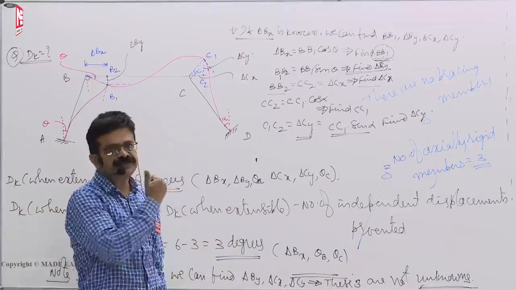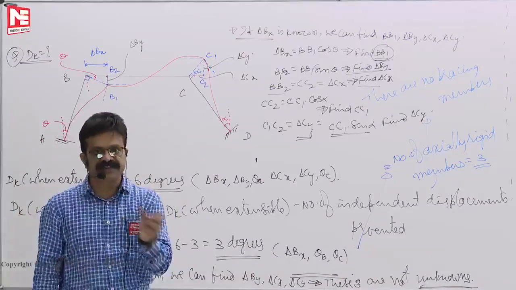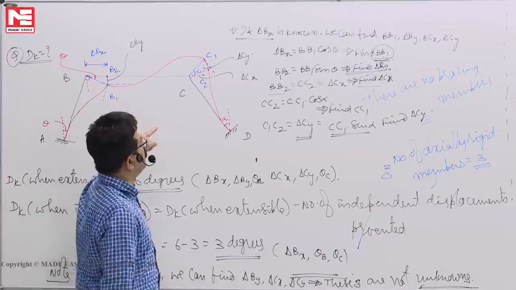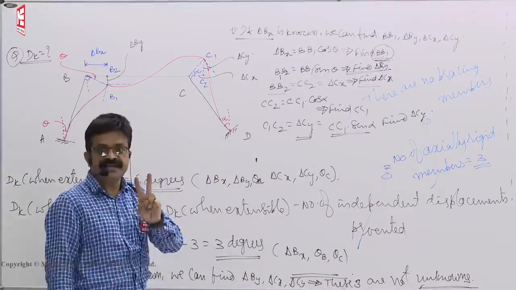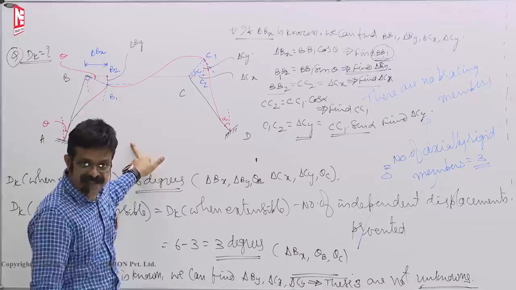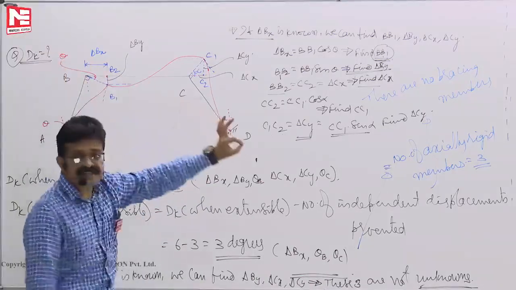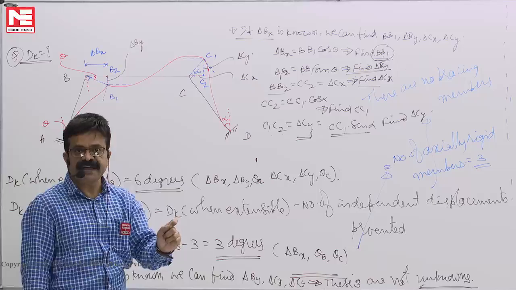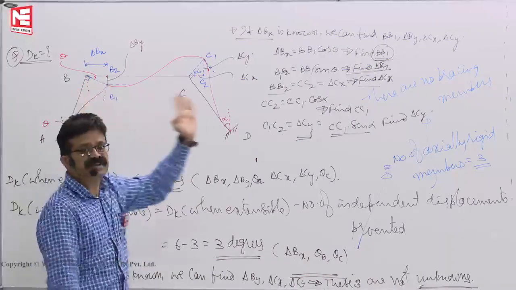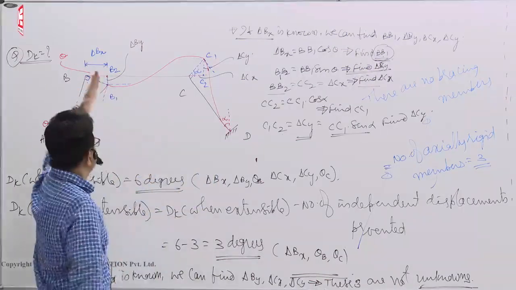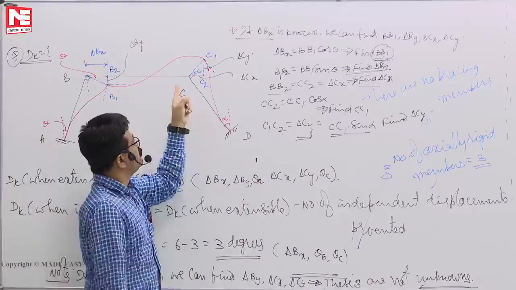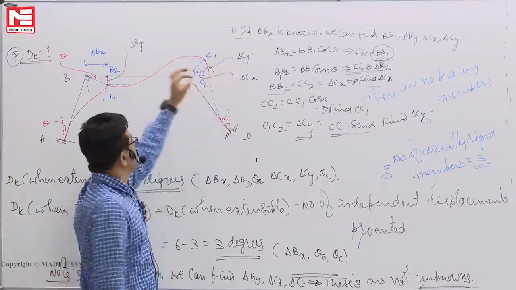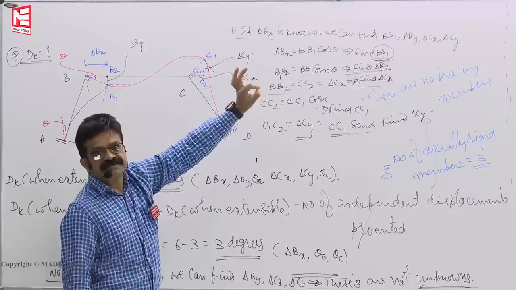In case they ask you a question on the displacements, if this moves by delta, this moves by how much, like that, then you must understand that if the members are axially rigid, all displacements are assumed to be acting perpendicular to the initial configuration of the members. First this member perpendicular to that one displacement, then this member perpendicular to that another displacement, then interconnect them.